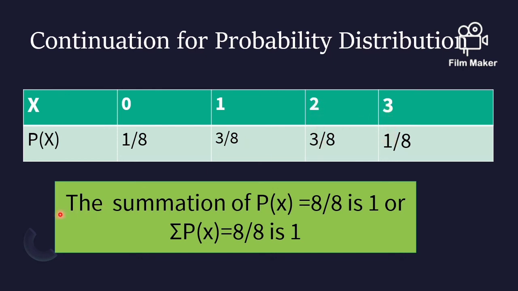So the summation of probability of X is equal to 8 divided by 8, which is equal to 1, because if we add 1 plus 3 plus 3 plus 1, that is 8. And then 8 divided by 8 is 1.